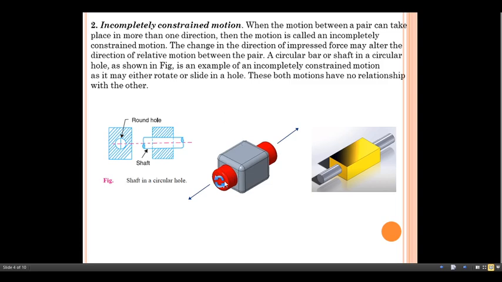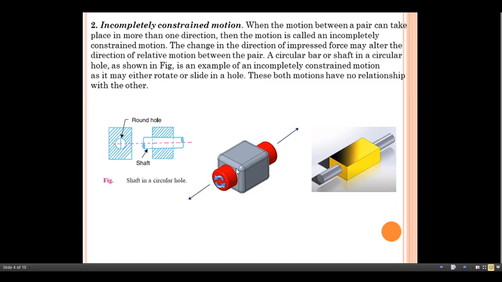Now look at this example, a shaft in a circular hole. When the motion of the shaft takes place in more than one direction, meaning the reciprocating motion of the shaft as well as circular motion of the shaft takes place inside the circular hole, the motion takes place in more than one direction. This is the case of incompletely constrained motion.